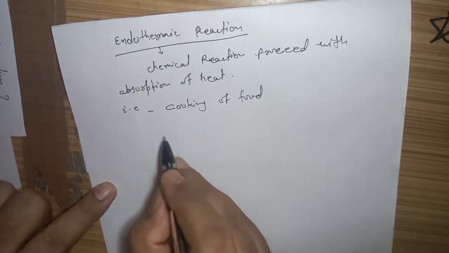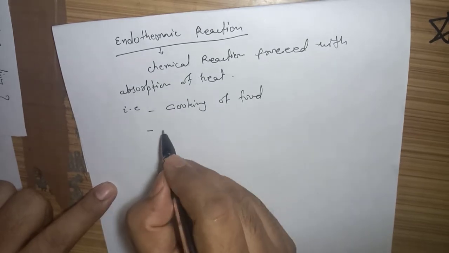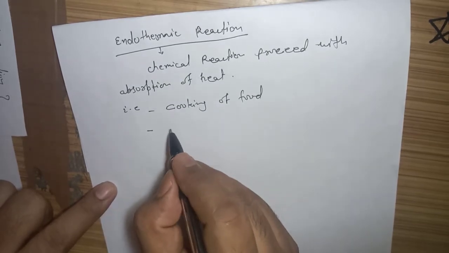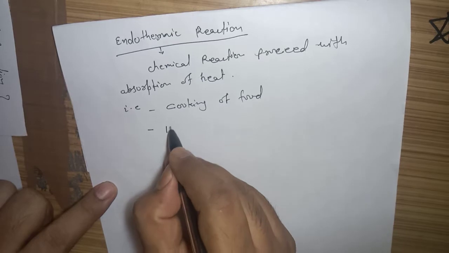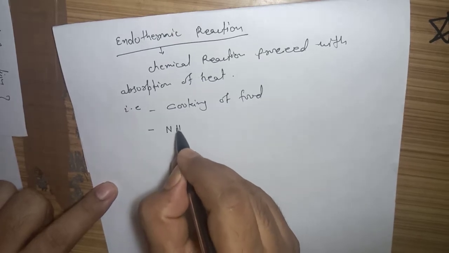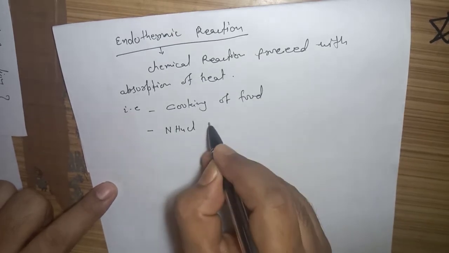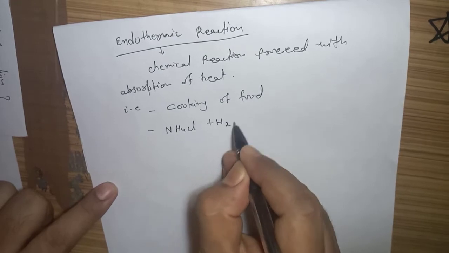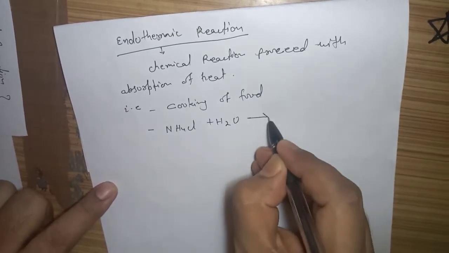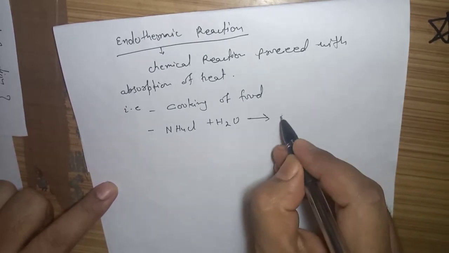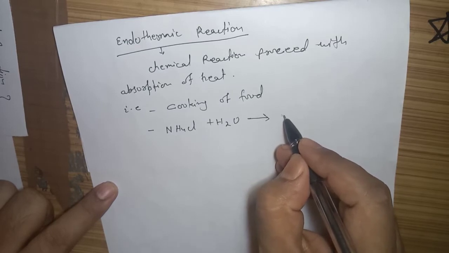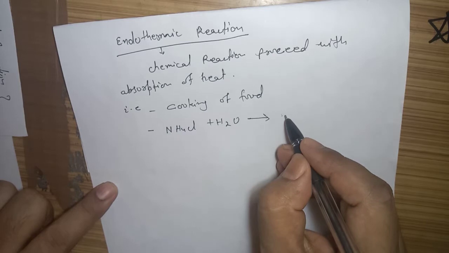The second one we can write: when ammonium chloride, NH4Cl, is dissolved in water, this is endothermic, and the salt dissociates into ammonium and chloride ions.